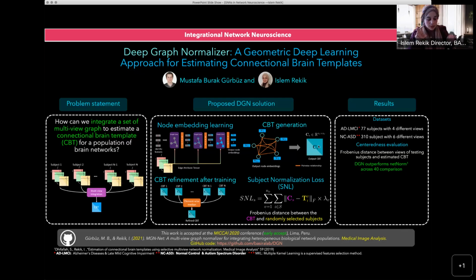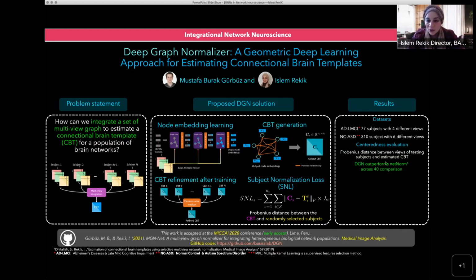And then we took an independent learner, an SVM, a multi-kernel learning classifier that selects features, and we found about 70% reproducibility between the markers that were identified using a simple CBT matrix difference versus a heavy learning-based approach to discover the biomarkers using all training samples and all multigraphs.